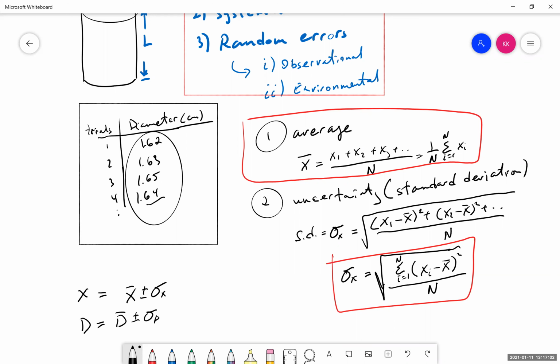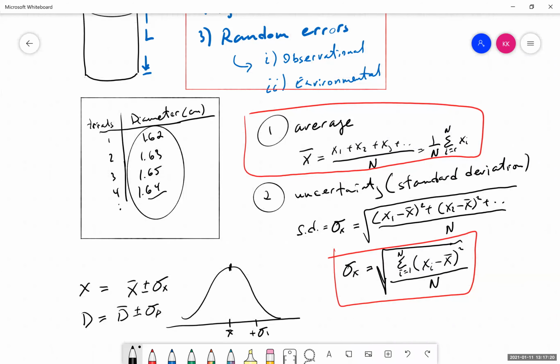For example, in an experimental graph of frequency versus measurement, the peak is where the x average is, but your measurements fall within plus sigma x and minus sigma x, so technically within this region, okay?